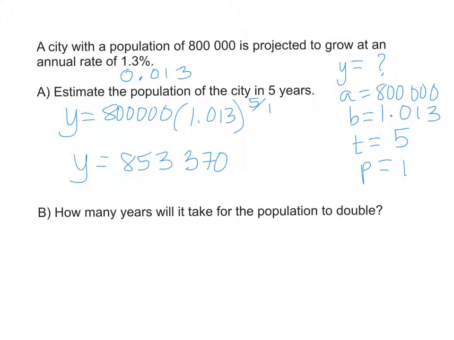Then how many years will it take for the population to double? Now we're trying to find T. And what is your Y value? 1,600,000, right? Because it's double the 800,000.